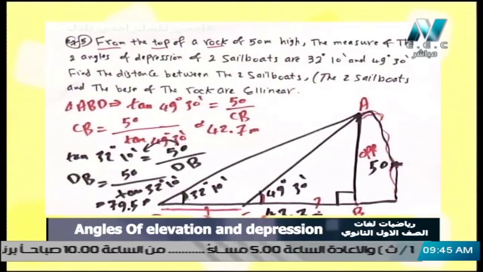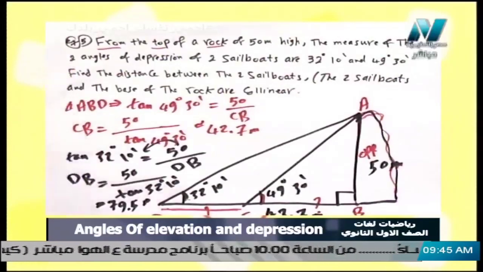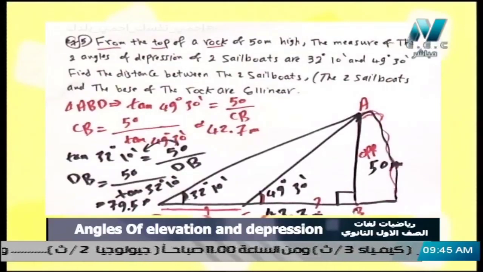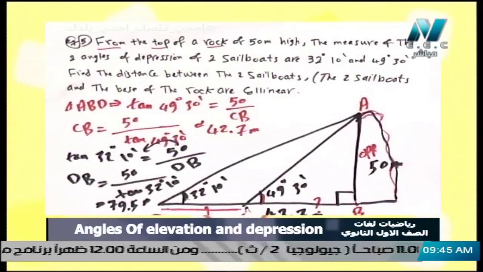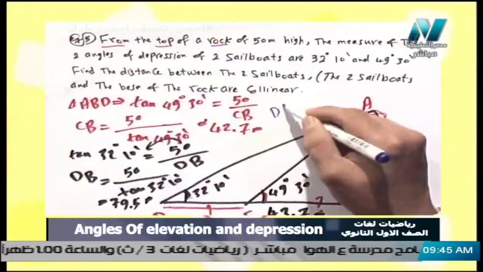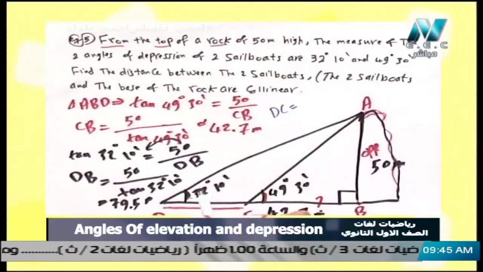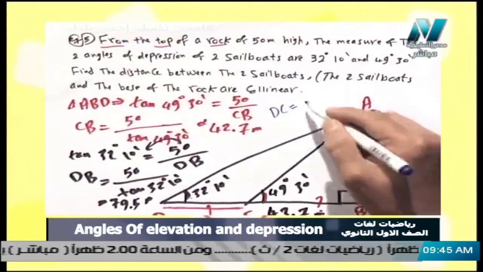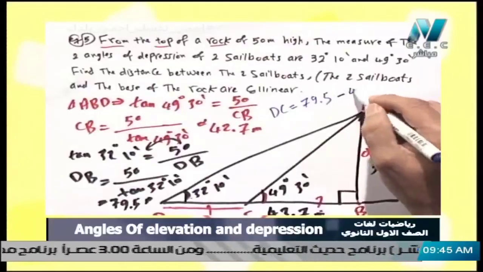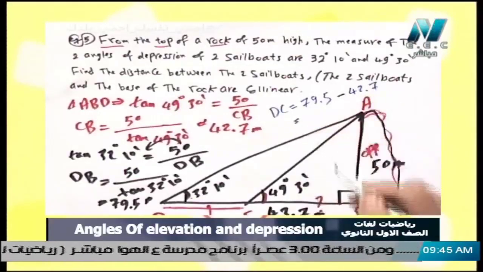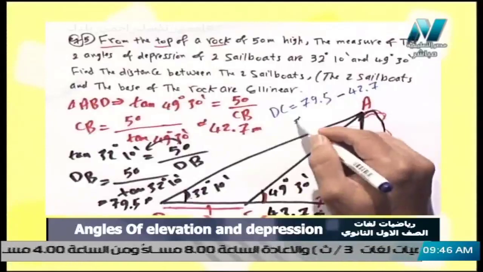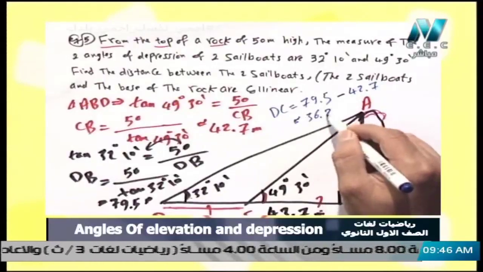Okay, and to find the length of the line segment DC, we will subtract the length of CB from DB. So DC equals 79.5 minus 42.7. So DC equals at the end approximately 36.8 meters.